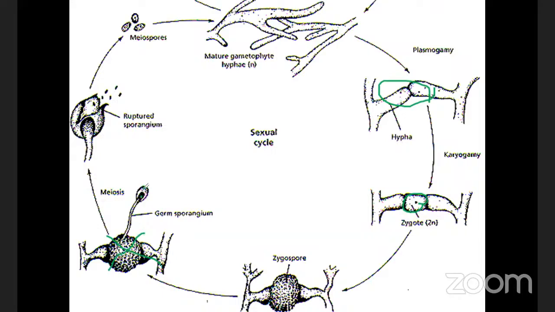The haploid spores are released by the rupturing of the sporangium. The meiospores, reduction spores, haploid spores are released. You see, the mature thallus is again forming, but again plasmogamy, karyogamy, and meiosis take place between two opposite strains only, not in the same strain thallus. That is heterothallism.